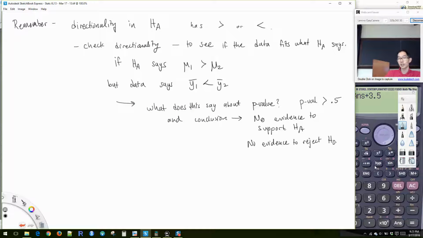There may or may not be a few questions on the test where you should do a directionality check somewhere in there before just taking your p-value and multiplying or dividing by 2 or something like that, okay?